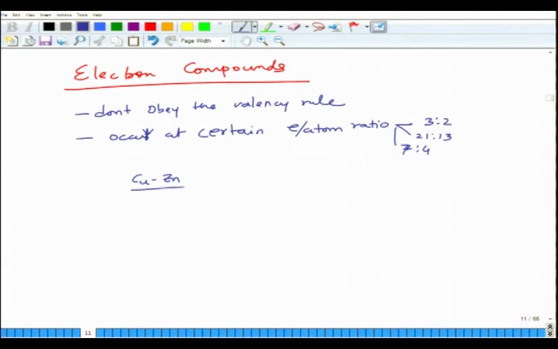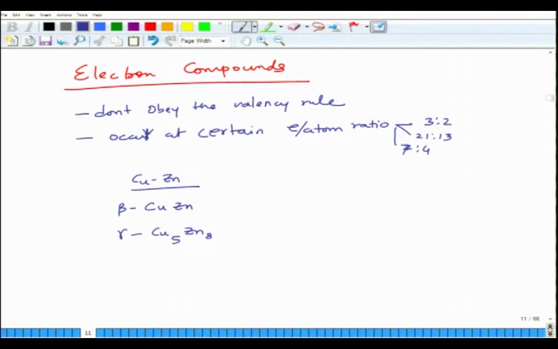For example, CuZn could be beta CuZn, Cu5Zn8, gamma. Sorry, this is not Cu3Zn2, this is CuZn, because copper has 1 valence and zinc has 2 valence.